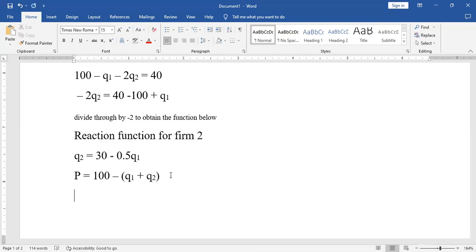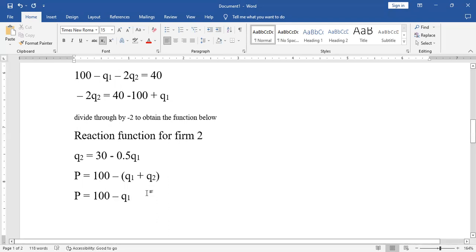So now this becomes P being equal to 100 minus, let me expand it before I introduce anything there. The negative here will have an effect there. So this will be negative Q2, sorry about that.